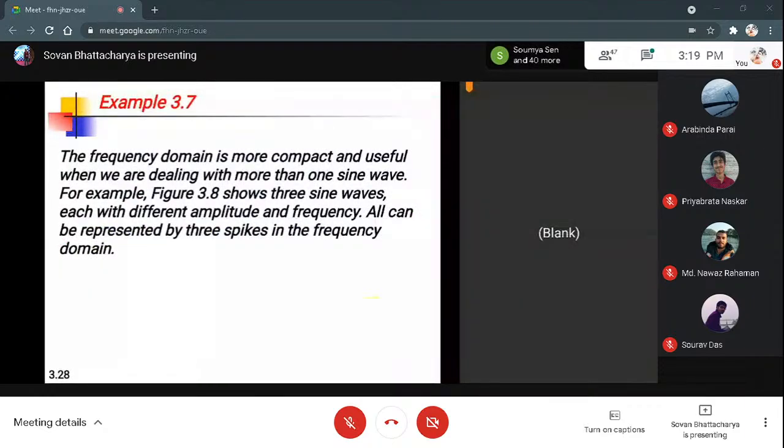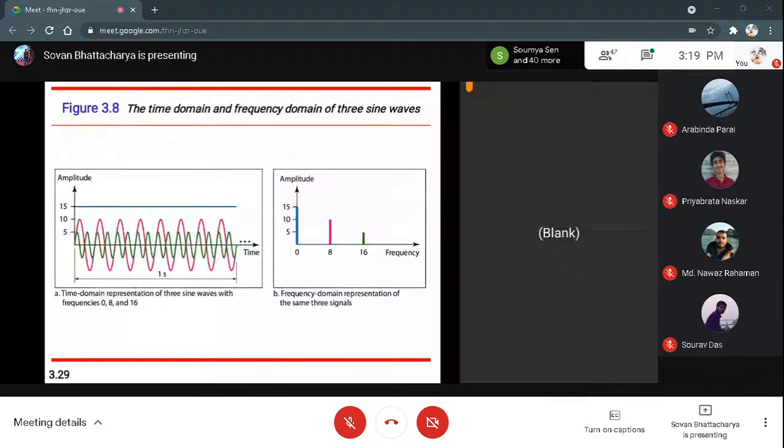This is another example. Here you see the time domain and the frequency domain of 3 sine waves.